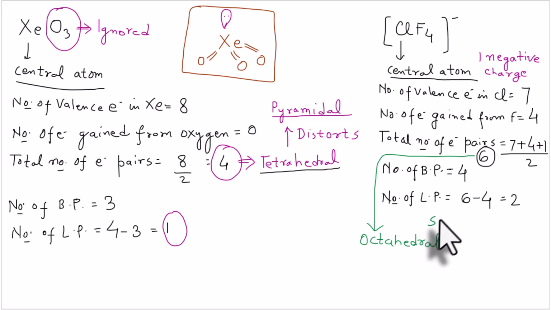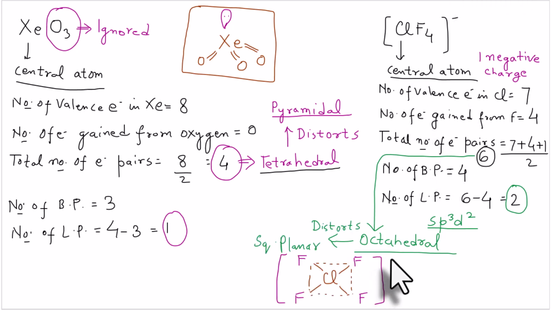Hybridization, you already know, sp3d2. So 3 plus 2 is 5 and 1 is 6. That gives rise to octahedral geometry. And now in this octahedral geometry, if there are 2 lone pairs, then this octahedral distorts to a square planar geometry. So ClF4 minus should look something like this, since it is square planar. So yes, this is a planar structure.